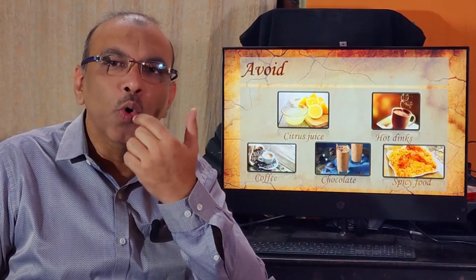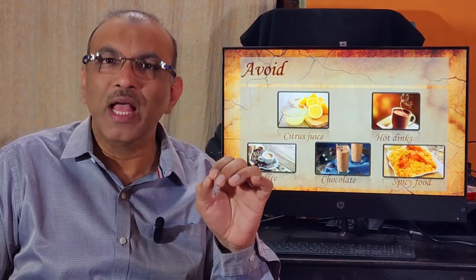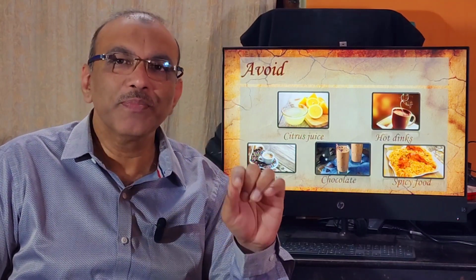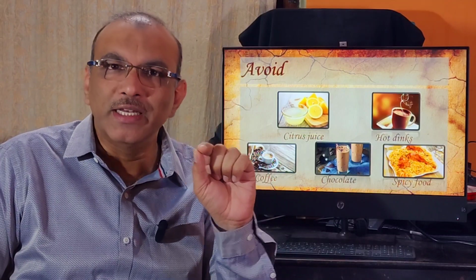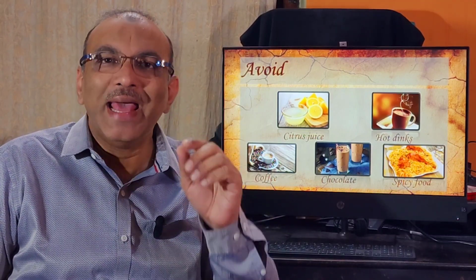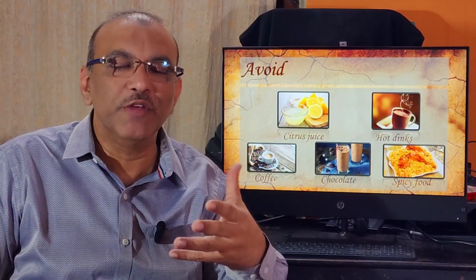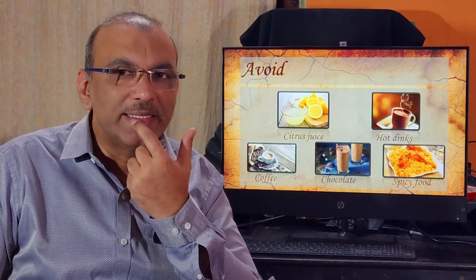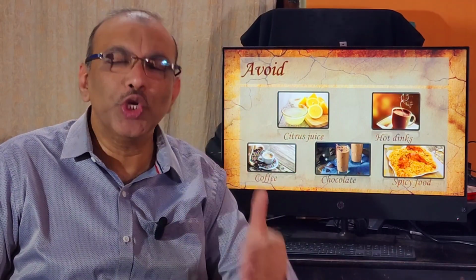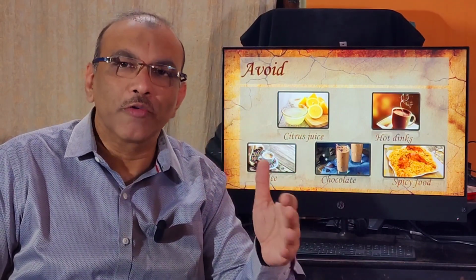It anesthetizes the whole area, but usually I reserve it for some patients, because if they start taking spicy food or hard food, it irritates the ulcer, then it prolongs the healing period. That's why usually I don't advise it for all the patients.